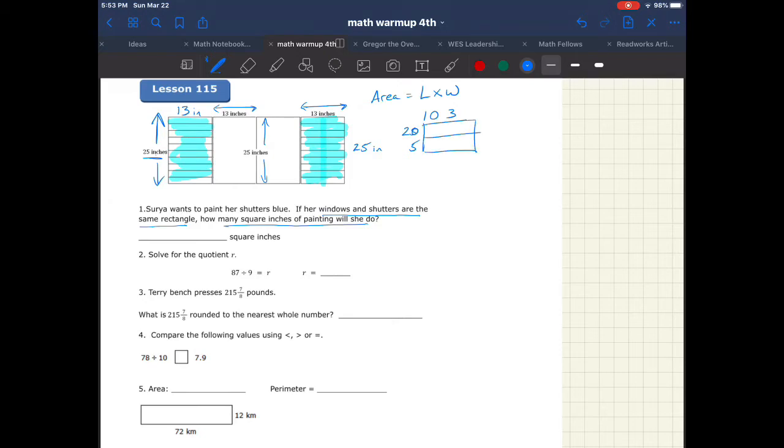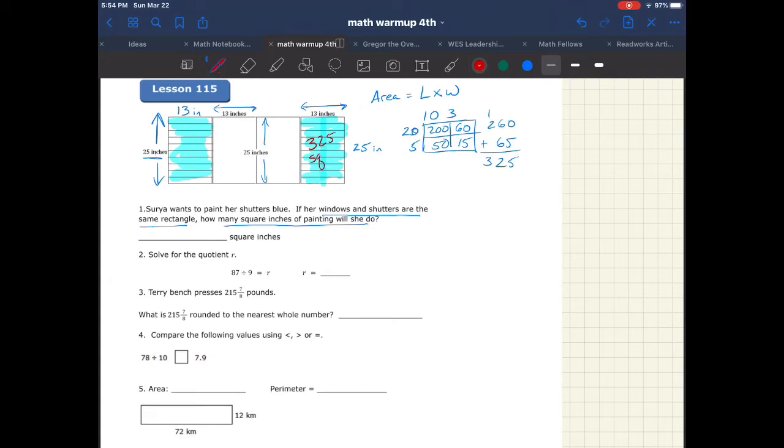So we'll multiply that out. 10 times 20 is 200. 20 times 3 is 60. 10 times 5 is 50. And 3 times 5 is 15. Add that all up, and we come out to 325.